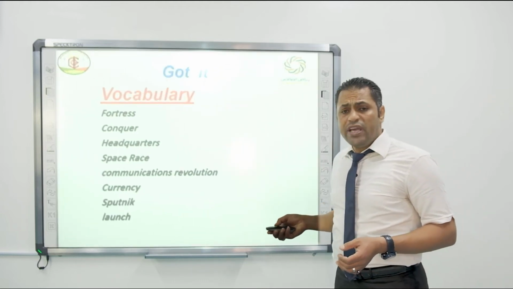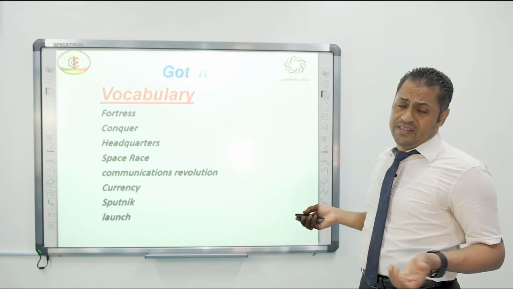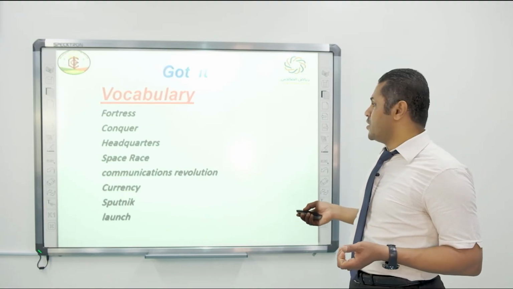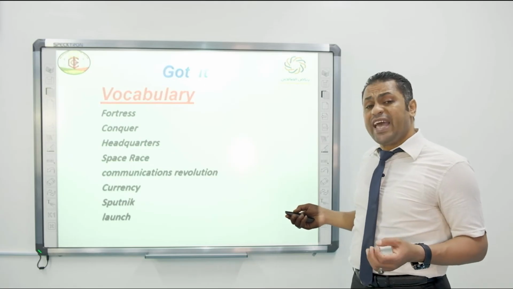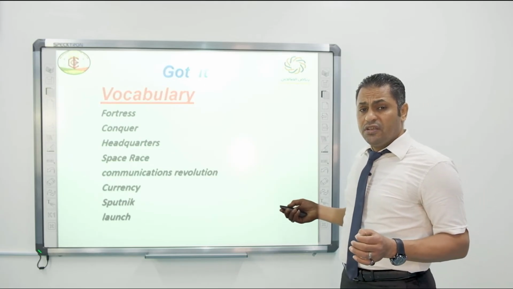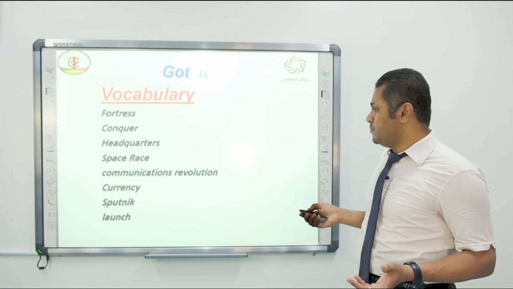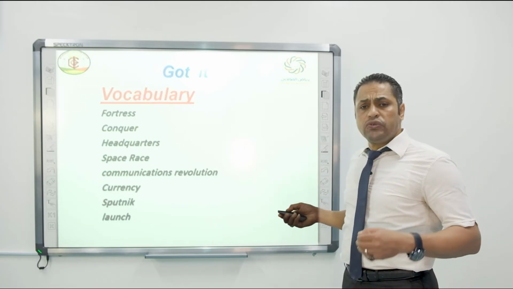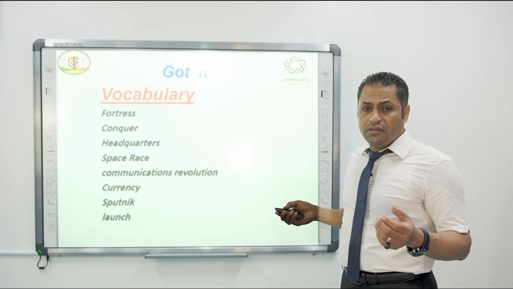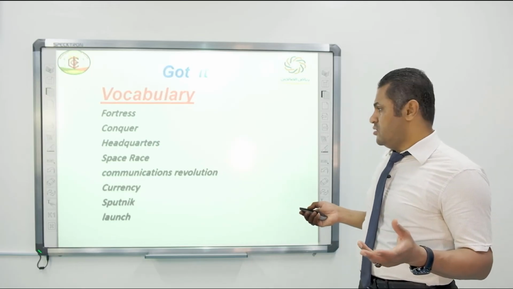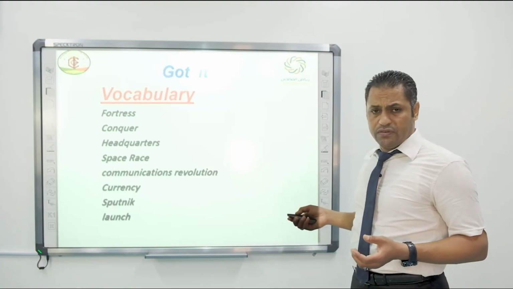Now we have got some vocab through this lesson. Let's have them. Fortress. A fortress is something like a castle, especially a military one. Conquer. Conquer means to beat or to regain. Headquarters.